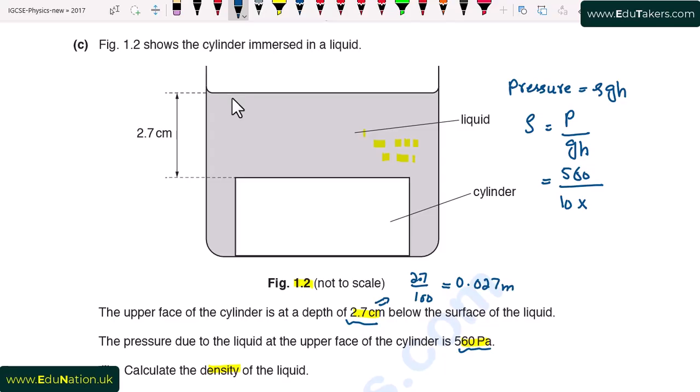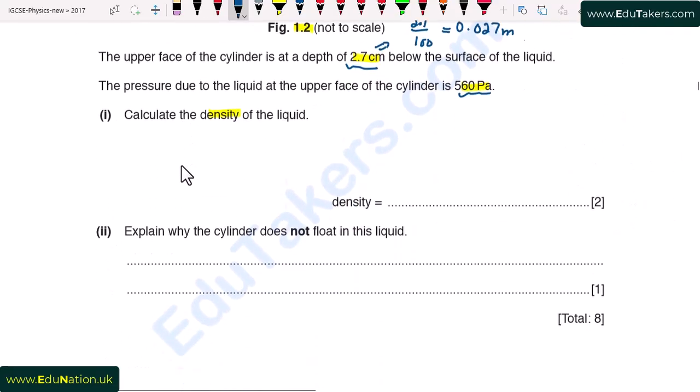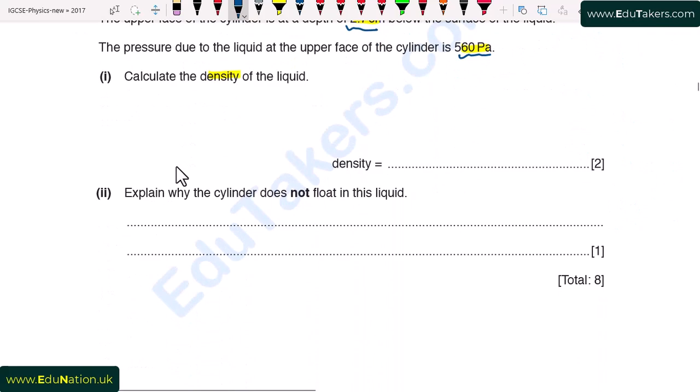So I multiply here 0.027, and the value of density comes to be 2.1 into 10 to the power 3 kilogram per meter cube. So I write here density is equal to 2.1 into 10 to the power 3 kilogram over meter cube.